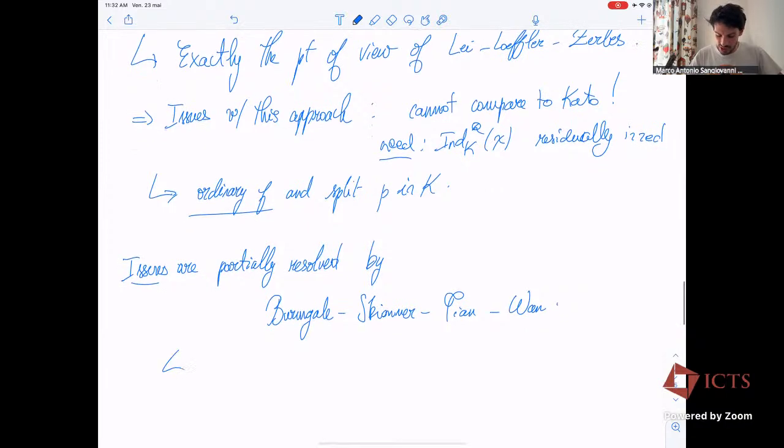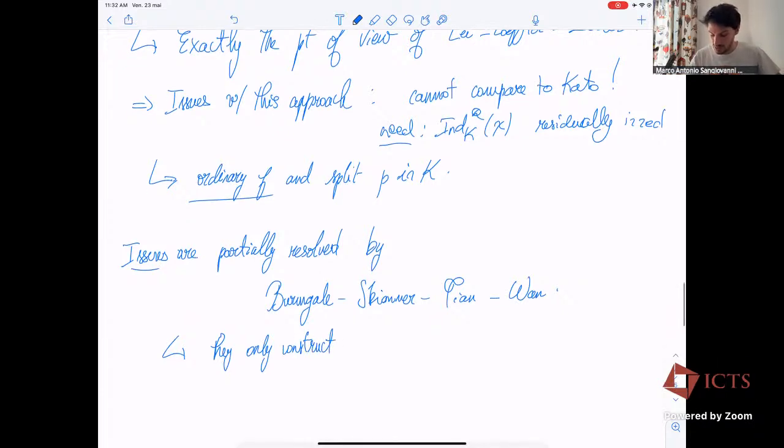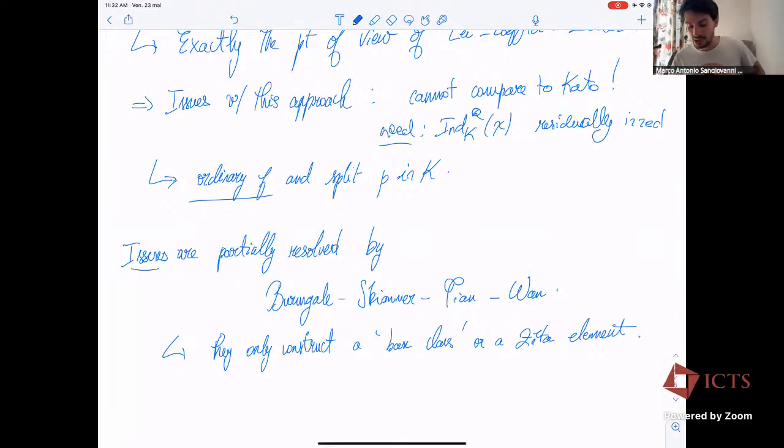But they only construct the base class of an Euler system, or what they conjecture to be the base class. They only construct a base class, also known as a zeta element. Okay, and still p needs to be split.